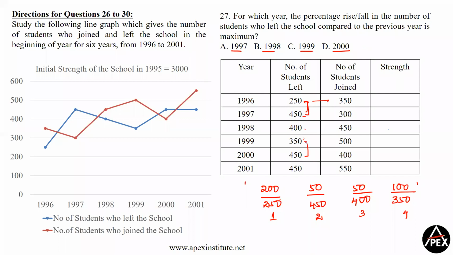How can you define that? Between 50 by 450 and 50 by 400, which is maximum?